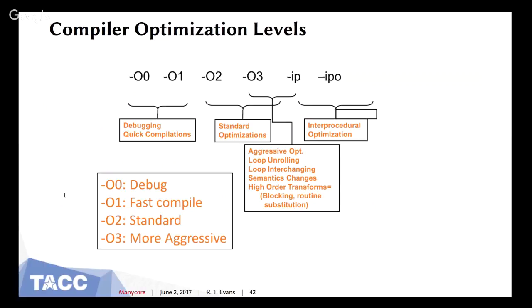Then it can analyze the file as a whole and optimize it. Now, if you only have 3 or 4 files, IPO is perfectly appropriate. I'm just saying, I haven't gotten it to finish on some of the larger codes I've tried it on, so I usually don't bother.